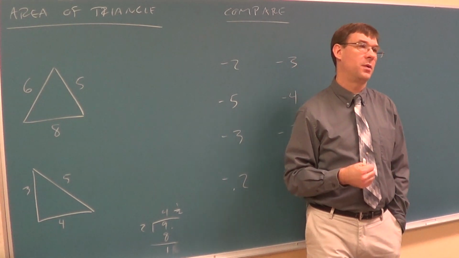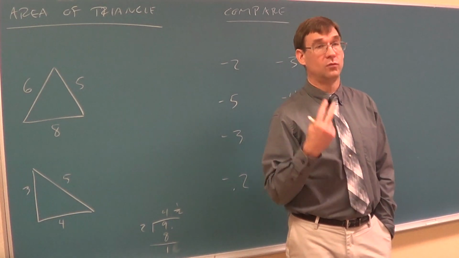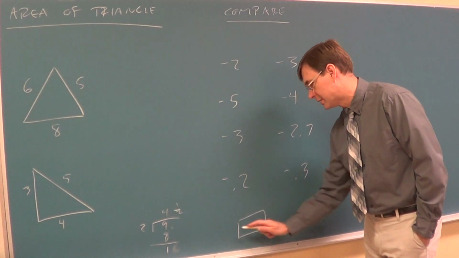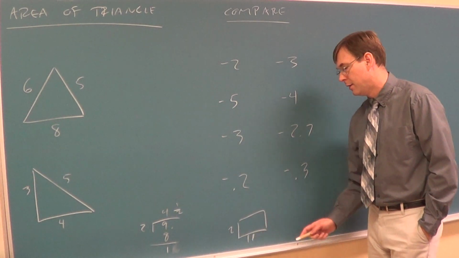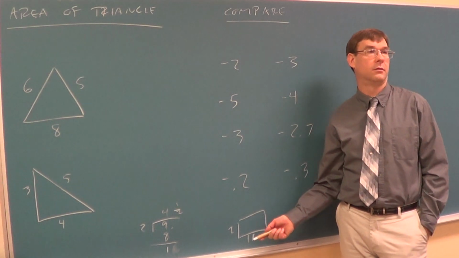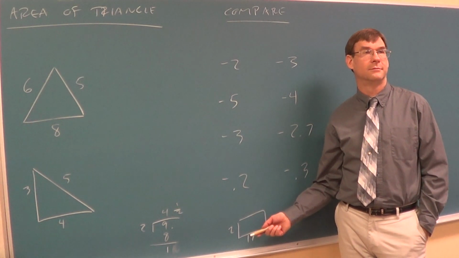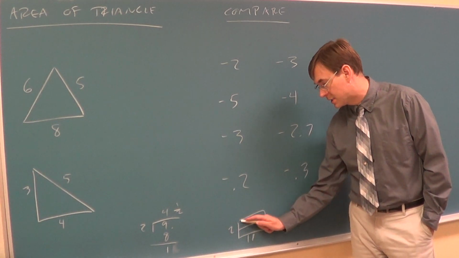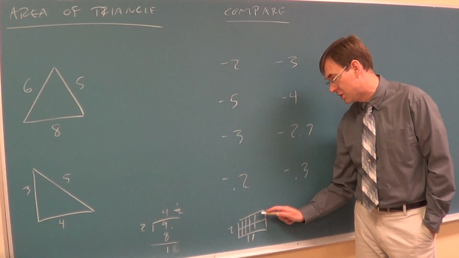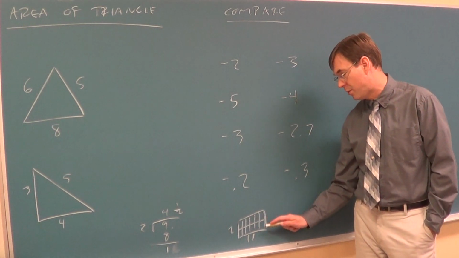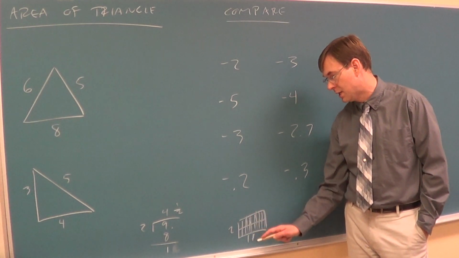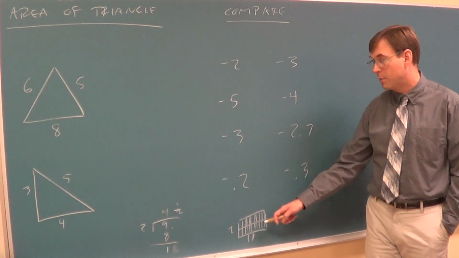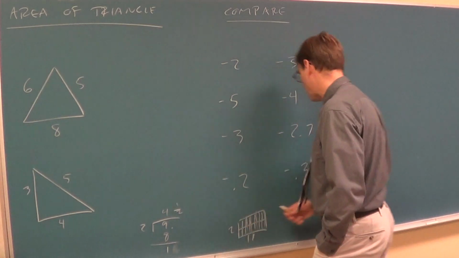Usually how many numbers do we multiply? 2. Okay, so for rectangles, if I drew you a rectangle and said this is 2 and this is 10, what's the area of that rectangle? 20. Area basically amounts to counting how many squares are in a shape. I don't have the patience to draw 10 lines like this, but it would be stacks 2 high, 10 wide. There'd be 20 squares in there. Area counts the space inside.